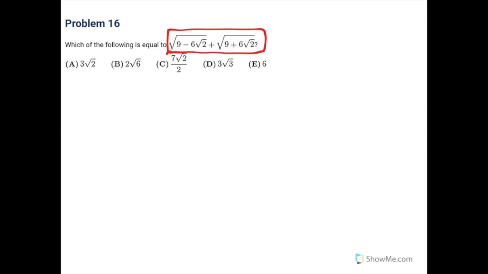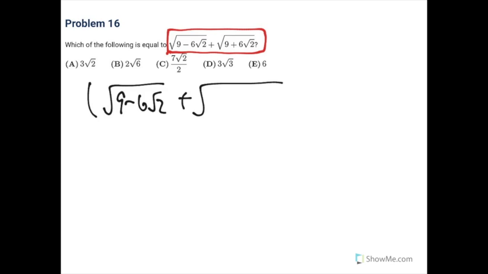There's not a whole lot we can do with this expression in its current form. So one way we can think about this is, if there are square roots, let's just see what happens if we square this expression. So we're going to look at the square of this thing here.